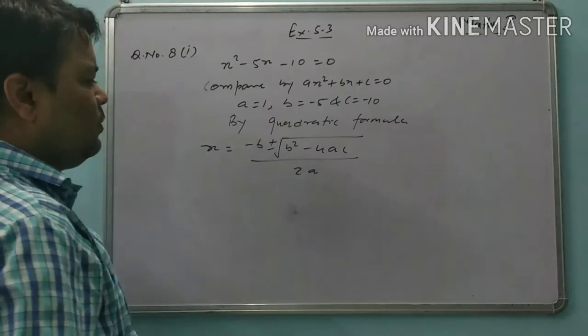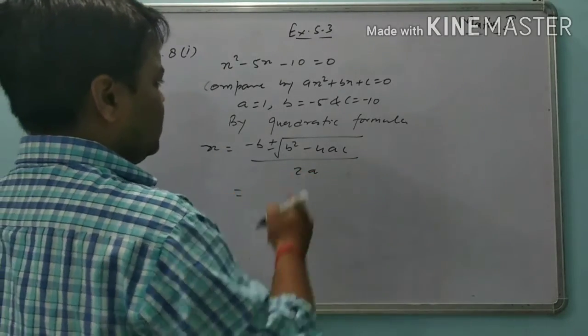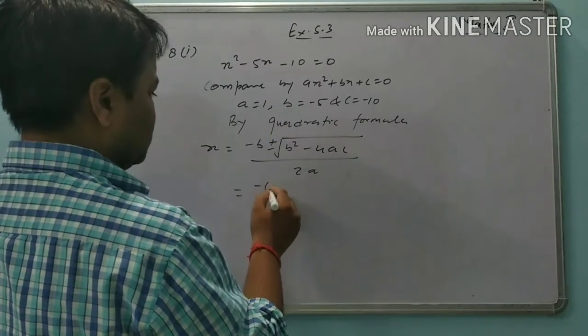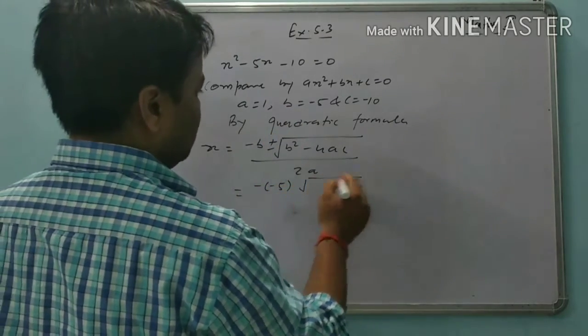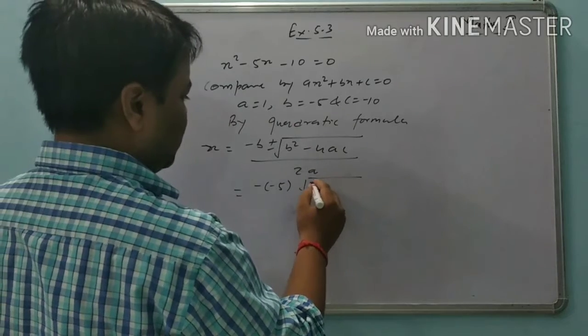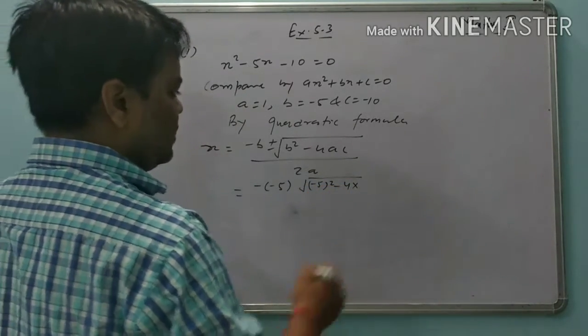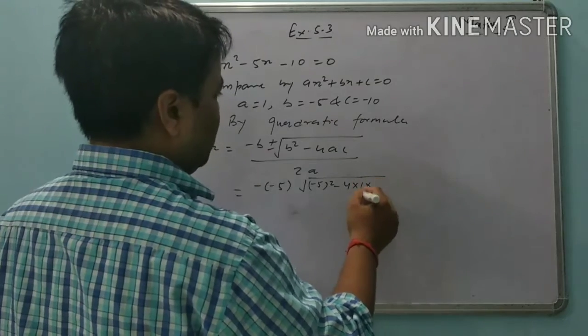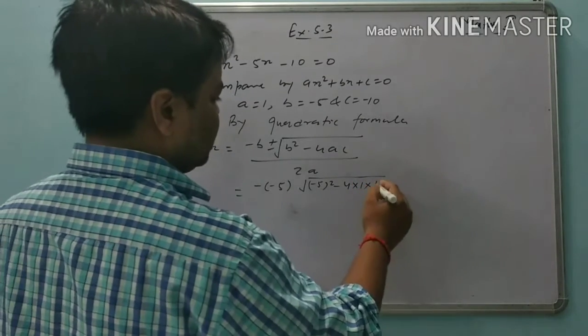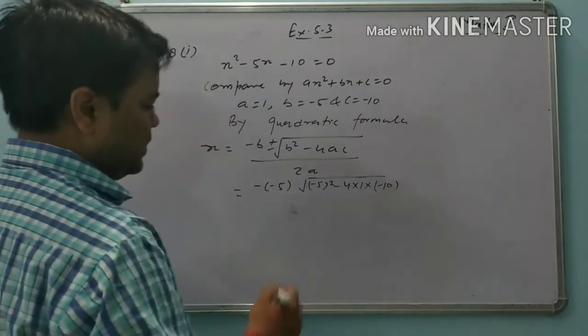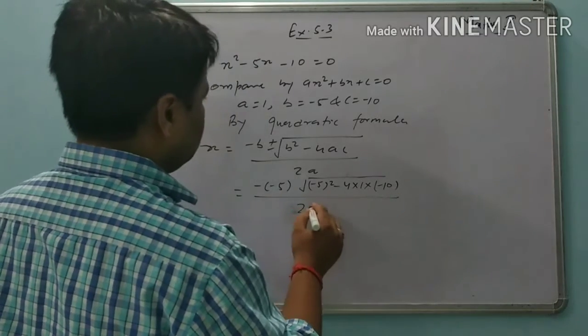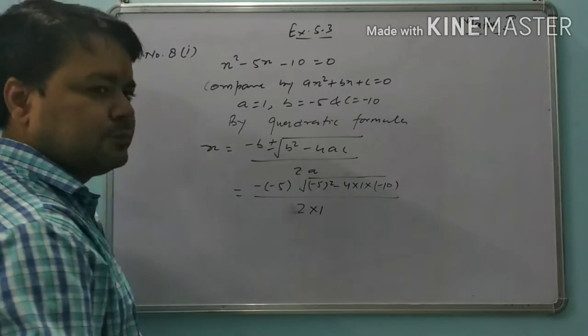Now put the value of b here, that is minus of minus 5, under root minus 5 whole square minus 4 into a, which is 1, and c is minus 10, upon 2 into 1.